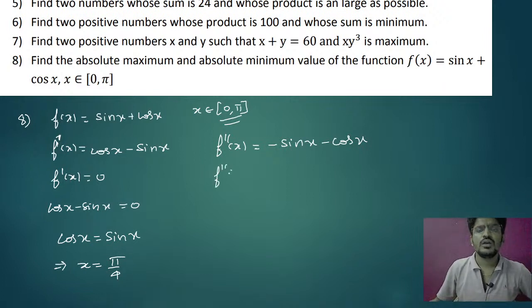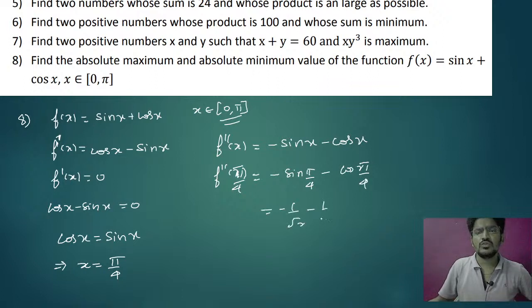Therefore, in f double dash of x you can put pi by 4 and you can see minus sin pi by 4 minus cos pi by 4, that is minus 1 by root 2 minus 1 by root 2. Therefore, minus 2 by root 2 is nothing but minus root 2, which is less than 0.